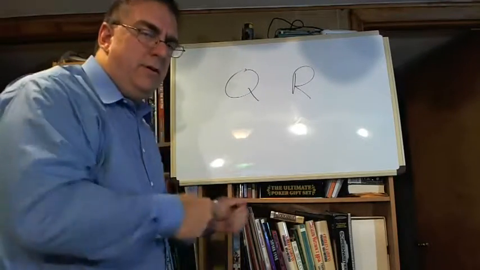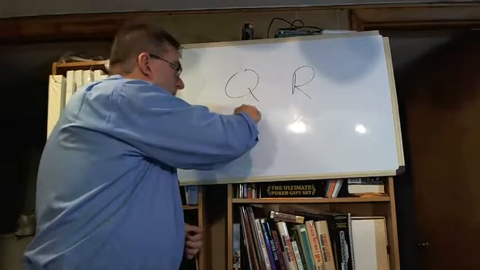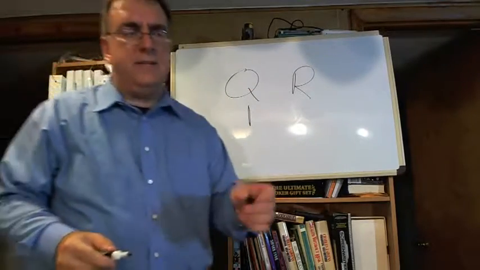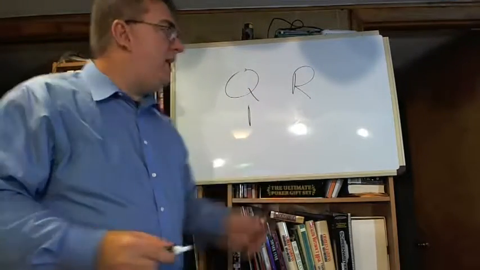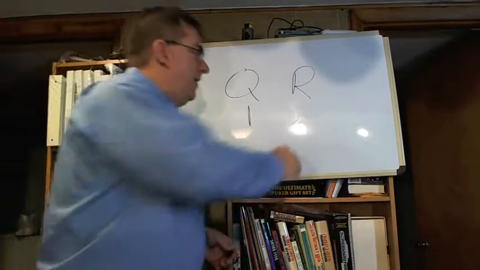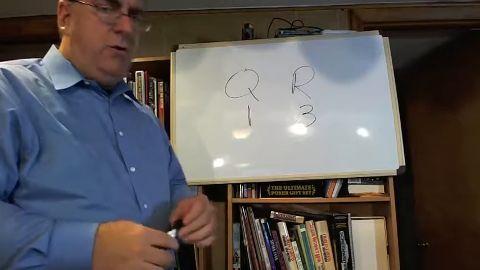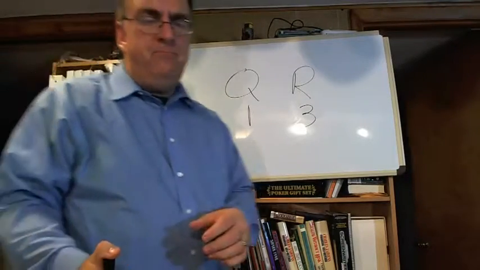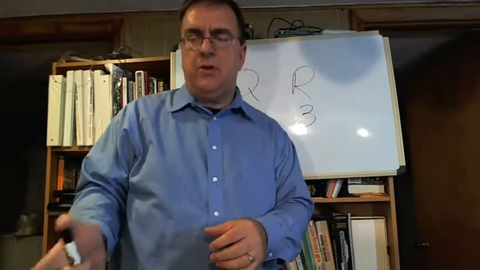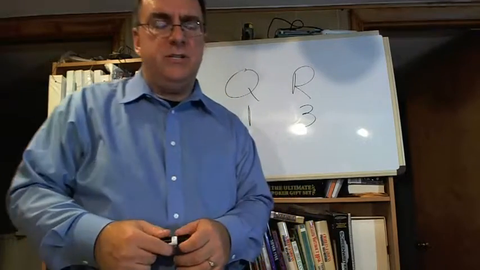We want an odd number. Q and R odd. Great. 1. Excellent choice. And Michael, what value might we pick for R? 3. Another excellent choice. 1 and 3, both odd numbers. So let's plug those numbers in for Q and R and work through the choices.